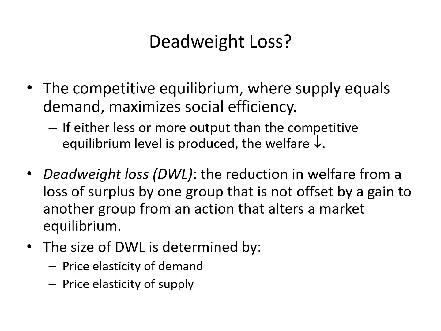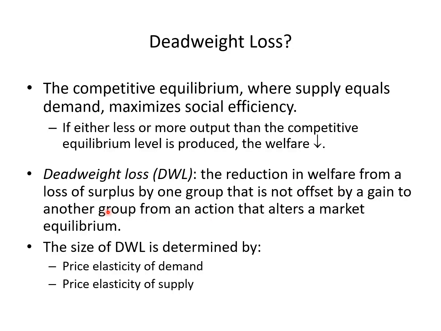And the thought is, if you deviate from that socially efficient outcome in any way, you're going to reduce the welfare either to the consumers or producers, or possibly both, in the market. And this reduction in welfare is considered deadweight loss.